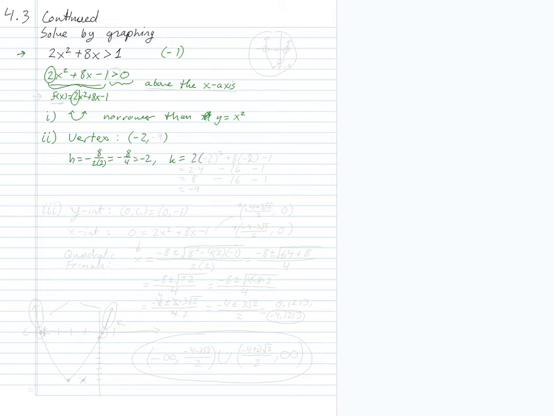So 2 times negative 2 squared plus 8 times negative 2 minus 1. So 2 times 4 minus 16 minus 1, that's 8 minus 16 minus 1. So finally we end up with negative 9.